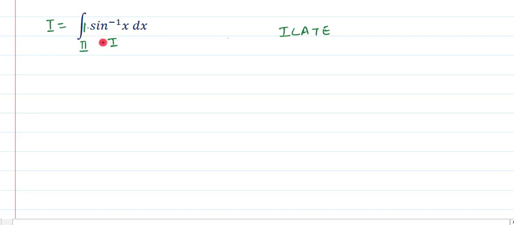One thing more you can observe with this Euler's rule: if you want to consider sine inverse x as the second function, then you need to find the integration of sine inverse x, and we do not have that directly. So in this question, even without using Euler's rule, you can understand that sine inverse x must be the first function, because we can calculate its derivative very easily, and 1 should be the second function, because the integration of 1 will be x, whereas the differentiation of 1 will be 0.